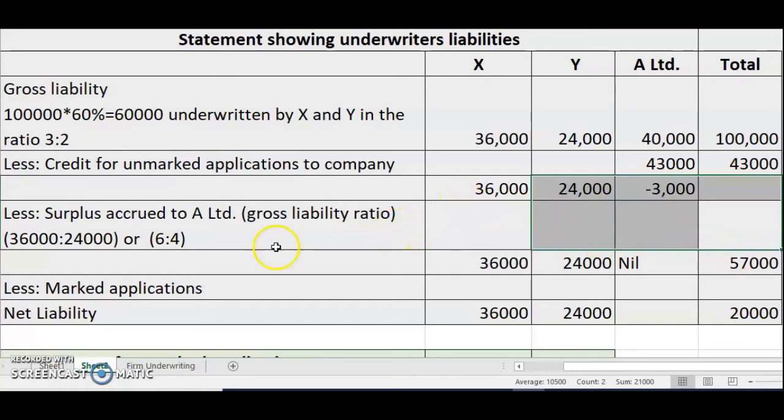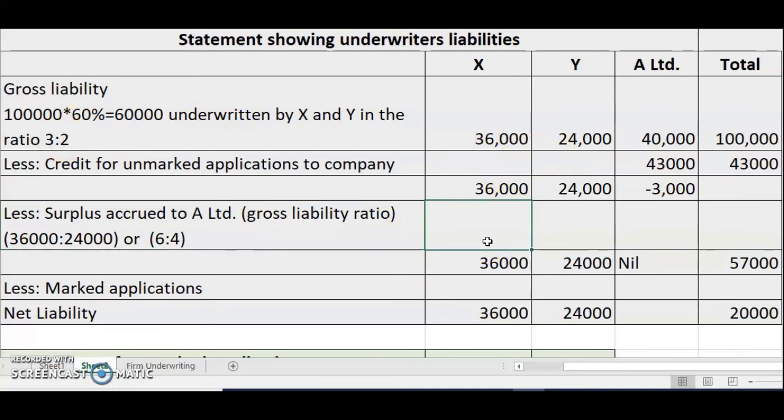This 3,000 that you have got as surplus in the company's column will be divided between X and Y. They will get the benefit of this 3,000 surplus in the ratio of their gross liability, that is nothing but 3:2, that is 36,000 and 24,000.